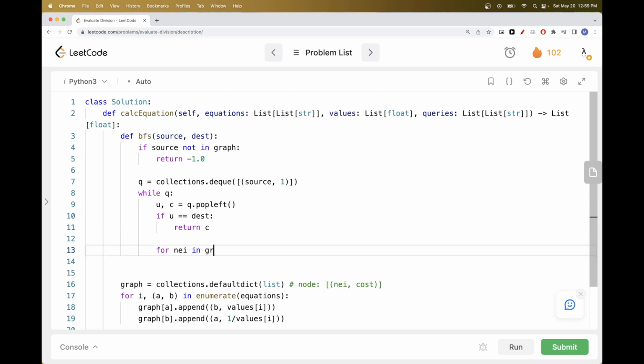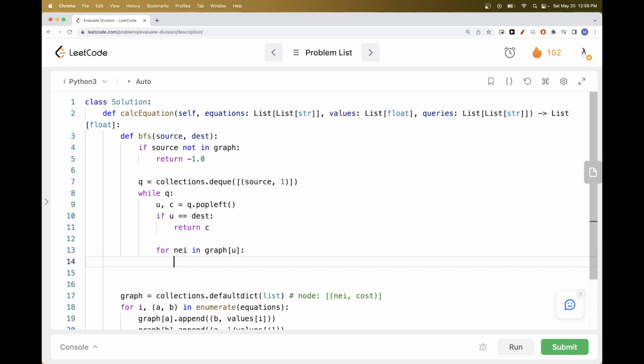For that node, we'll get the neighbor and the cost for this neighbor. And so we want to add that to the queue so that we process it next. So we need the neighbor and this cost for this individual neighbor, because this cost is just from you to this neighbor, right? But we want to also count the previous cost. And we said we aggregate the cost by multiplying them. Okay, so that's why we multiply them like this.